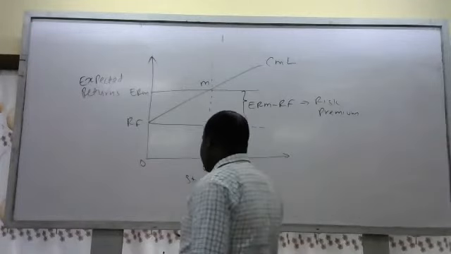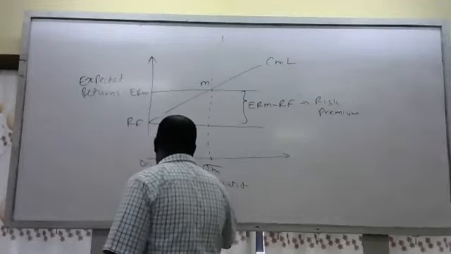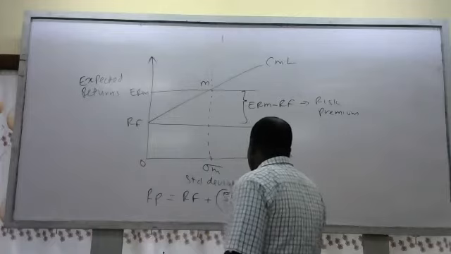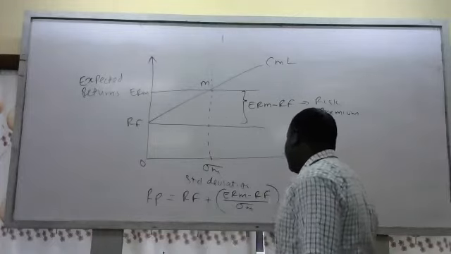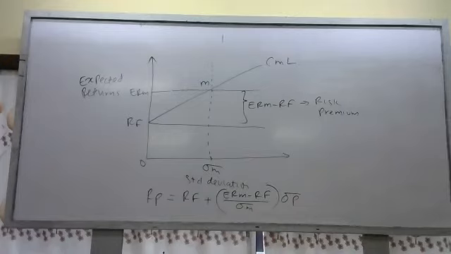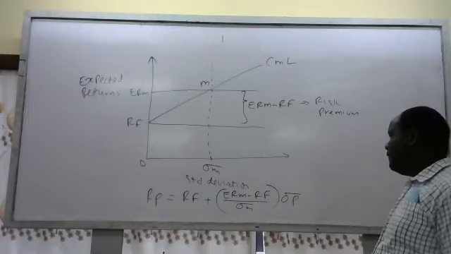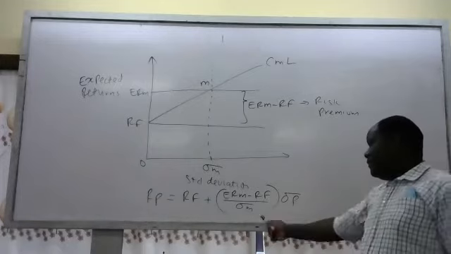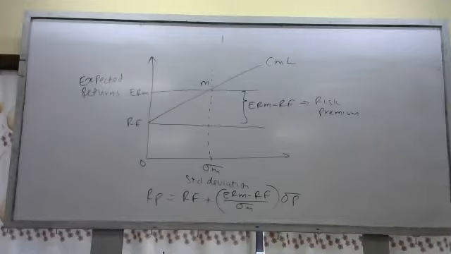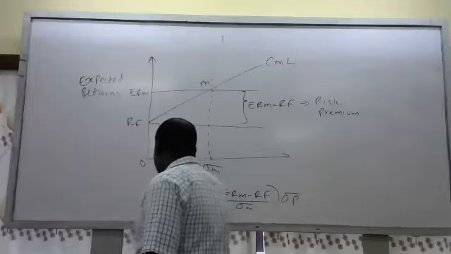So to get the return of the portfolio, it will be equal to the risk-free rate, plus in brackets expected return of the market minus the risk-free rate, divided by the standard deviation of the market, then multiplied by the standard deviation of the portfolio.